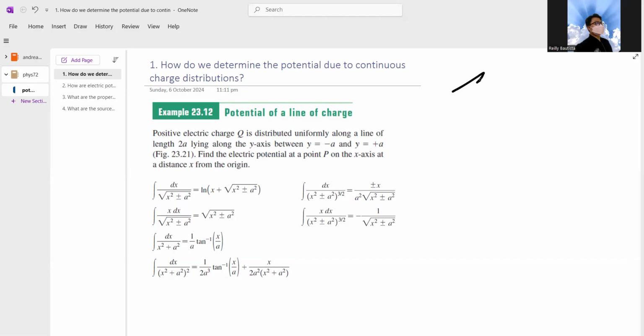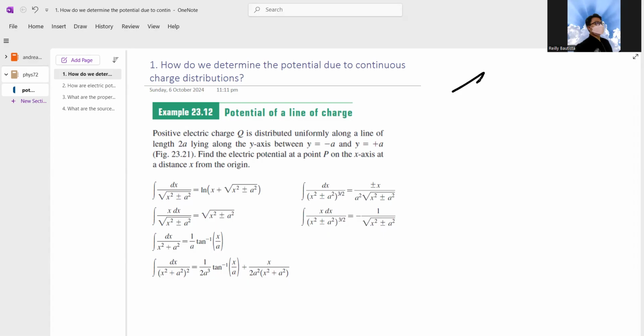It's the same thing with continuous charge distributions, getting their potential. We'll do the integration. We actually have mostly just a few terms, and we won't have an answer with x's and y's here.